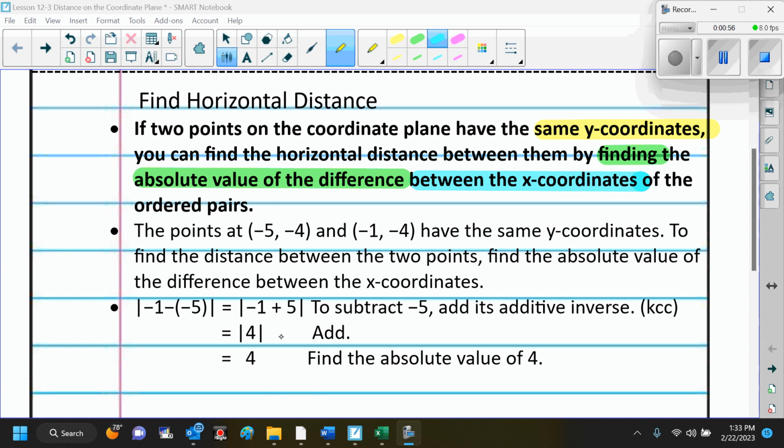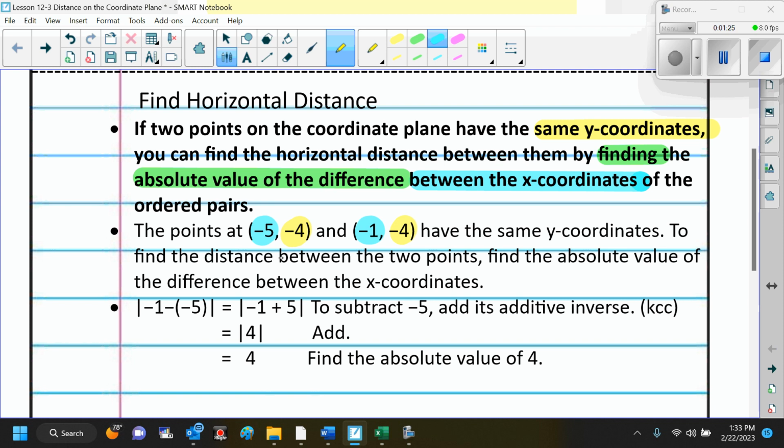So here, let's say we have the points -5, -4 and -1, -4. They have the same y-coordinates, see, -4, -4. So in order for us to find the distance between those 2 points, we're going to find the difference, which means we're going to subtract the absolute value of the x values.